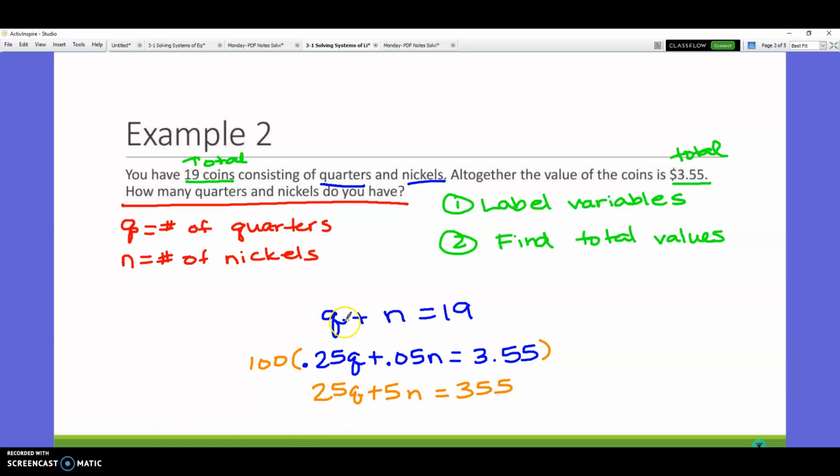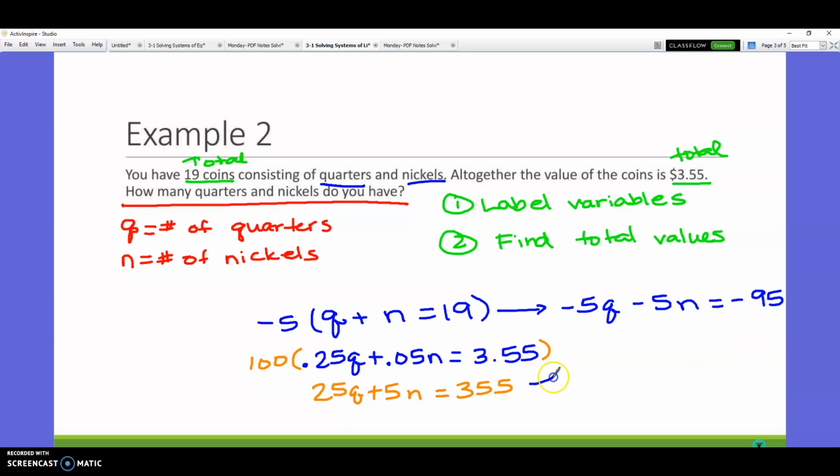And then since I have Q plus N equals 19, I think it would be easier to multiply the top equation by -5 and then being able to eliminate the N. So here, if I multiply this equation by a -5, I would have -5Q minus 5N equals -95.